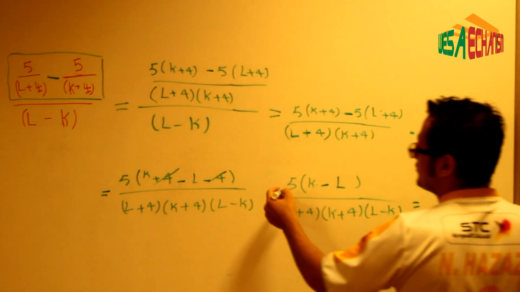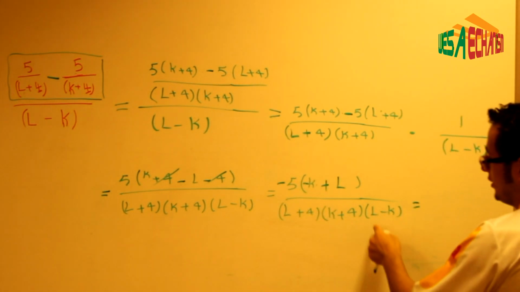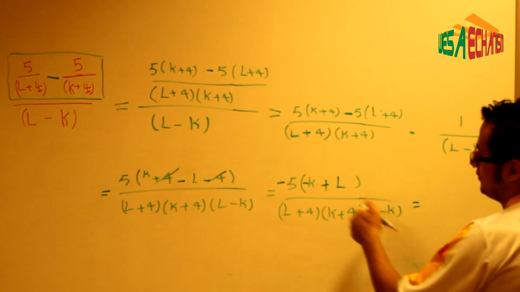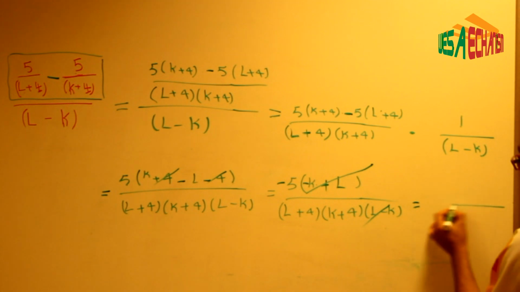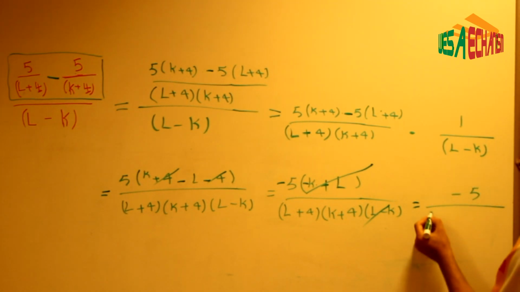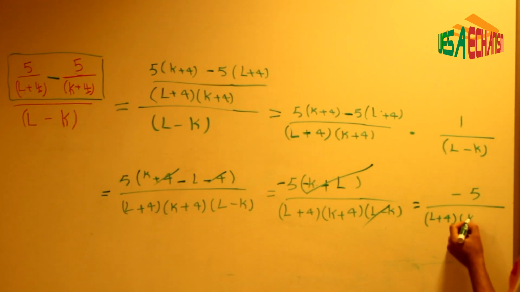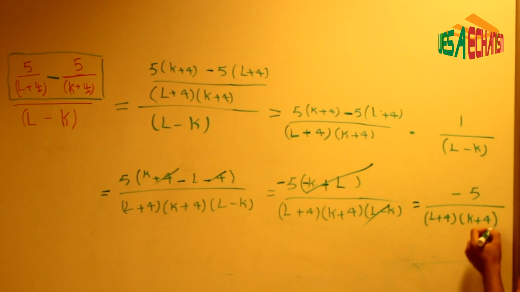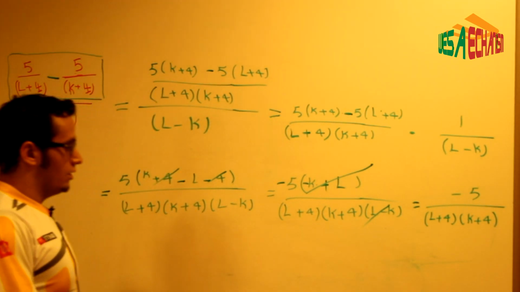We can put a negative sign in here, or we make this K negative and this L positive. L is positive, K is negative. That means this will be cancelled with this. And our final answer is negative 5 over L plus 4 multiplied by K plus 4.